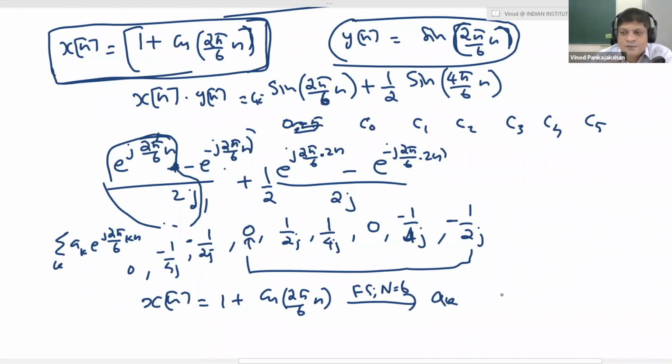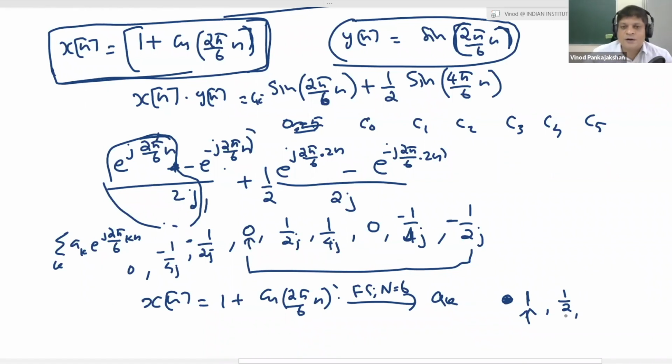Let us find it for one period from 0 to 5, a0 to a5. What is a0? 1. A0 is 1. A0 is the average value of the signal. It is 1 because of the constant term. Then what about A1? A1 is 1 by 2.